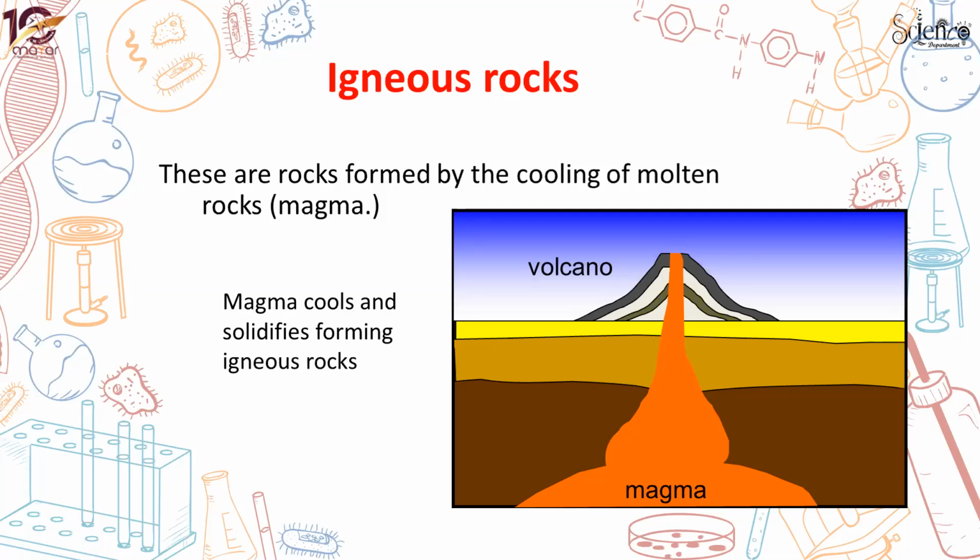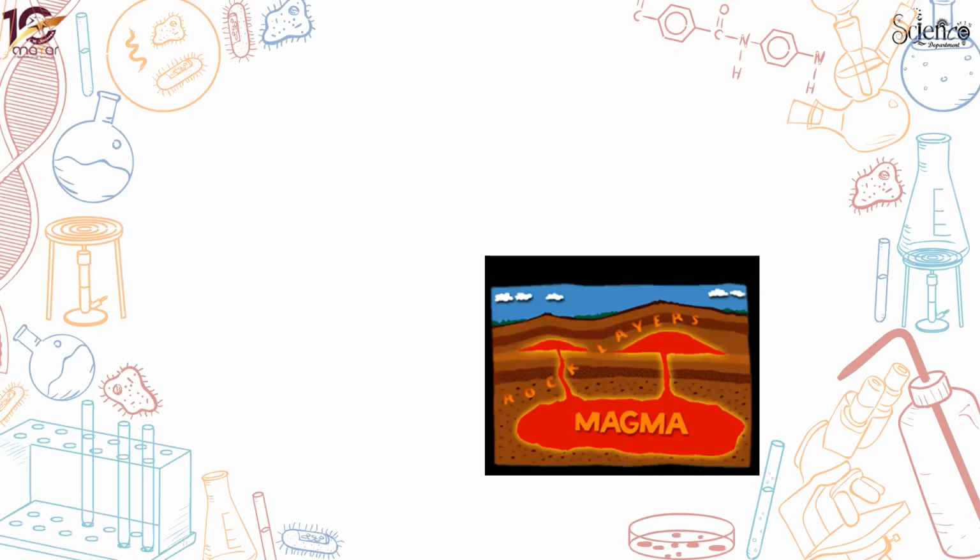So magma cools, solidifies, forming igneous rocks. So I just told you that this cooling can happen on the surface or just below the surface a little. So according to where this cooling or crystallization is happening, we have two types of igneous rocks.